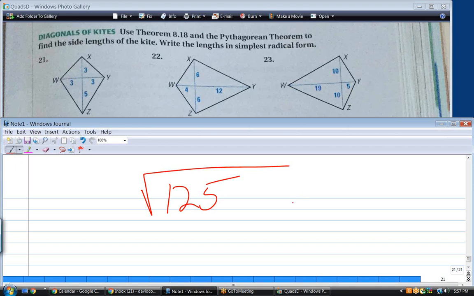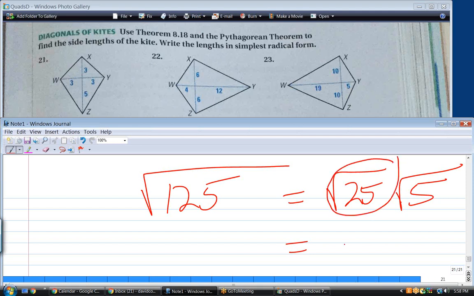It is. So that'd be the square root of 25 times the square root of 5. So what's the answer? 5 root 5.